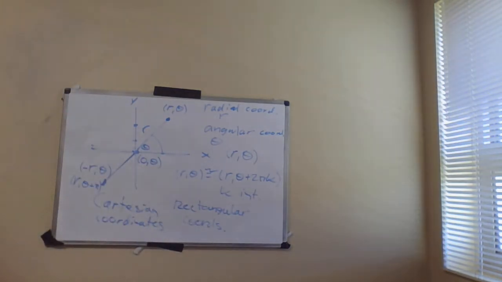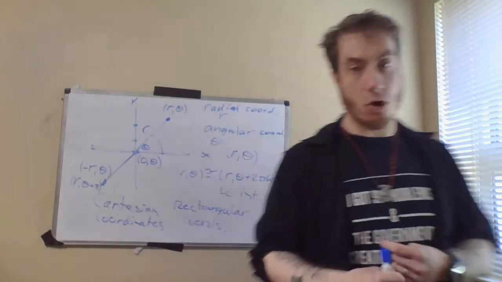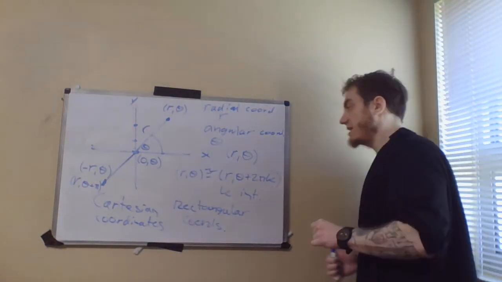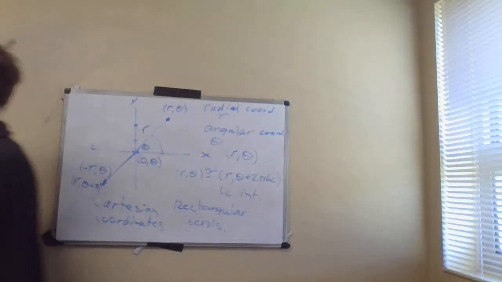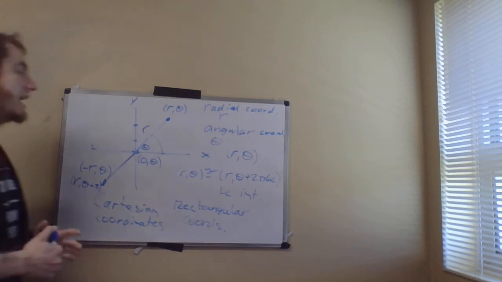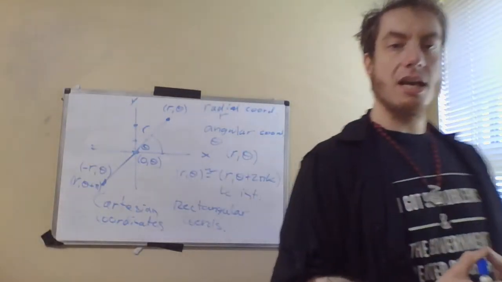Fortunately, it turns out that losing this property when you go to polar coordinates isn't necessarily the end of the world. It's not necessarily that big a deal. It's just something you have to keep in mind. Otherwise, you can talk about whatever you would like to talk about, and it works just fine.